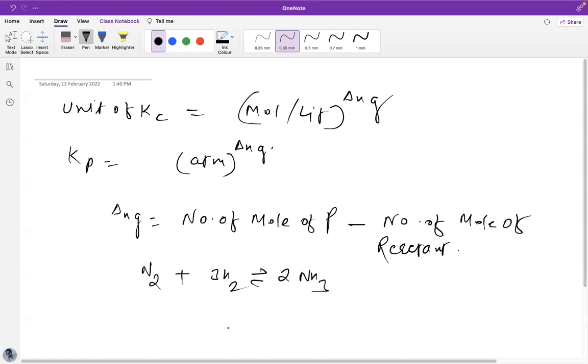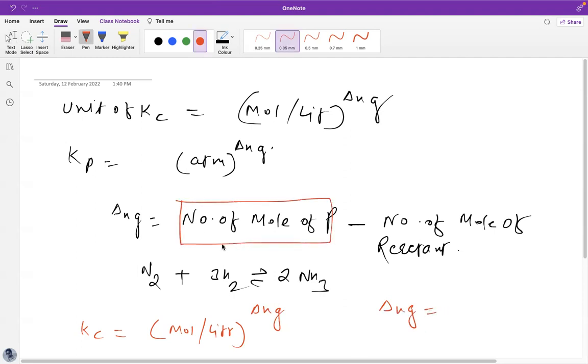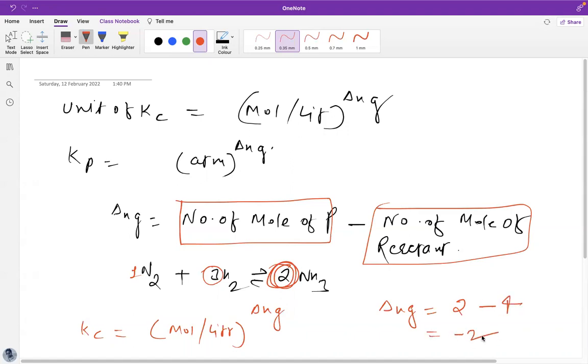Now I am asking what should be the unit of Kc and Kp. Delta Ng for this reaction: the number of moles of product, ammonia, is 2, so we write 2 minus the number of moles of reactant, which is 3 here and 1 here. If there is no value, it means 1. So that is equal to 4. So the value will be minus 2.